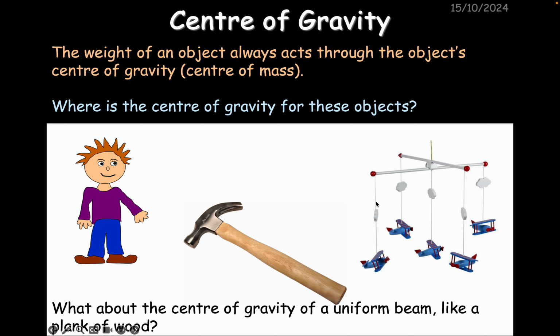Yeah? And these, I don't know what they're called, that they put in, can't think of the word. These things that they put in babies' cots to keep them amused, and they vibrate. Obviously the center of mass must be in the middle, so the planes on the right are balancing the planes on the left, and so on.